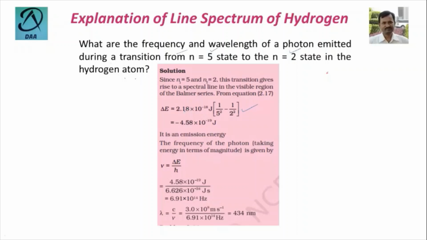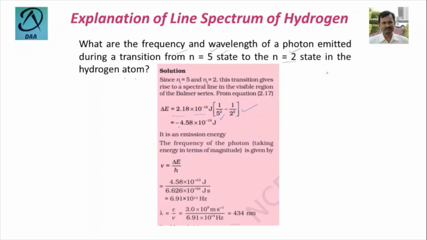Delta E is equal to 1.18 multiplied by 10 to the minus 18 joule, in the third bracket, 1 by, so this is the initial state, because this will form the emission spectra. So for the initial state, n is equal to 5, so 1 by 5 square, minus, for the final state n is equal to 2, so minus 1 by 2 square.